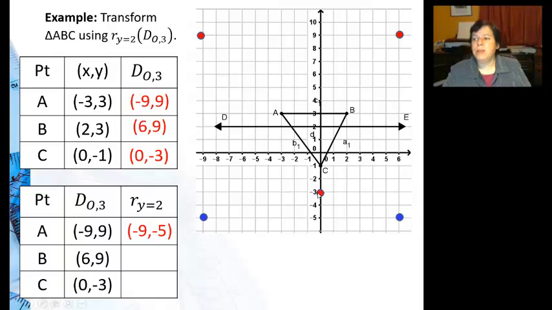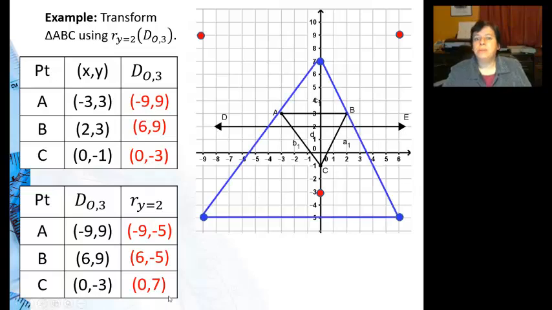This one is 1, 2, 3, 4, 5, 6, is that right? 1, 2, 3, 4, 5 units below the line. So I need to go 5 units above the line. And that will land at 0, 7. So there is my triangle that's been transformed.